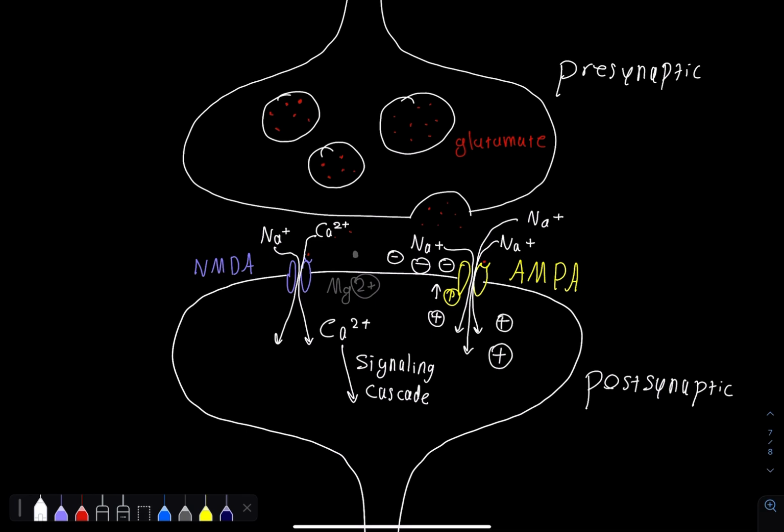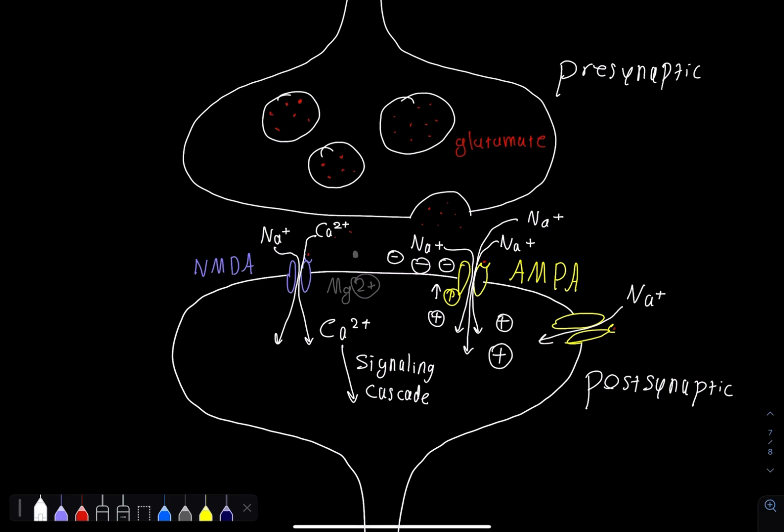And also the change in gene expression can make it so that the cell is going to express more AMPA receptors. So we're adding more AMPA receptors. And as neurotransmitter binds, we're going to get even more sodium into the cell.